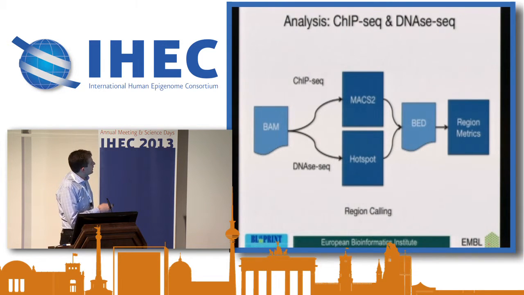So again, once we have this BAM file, we start to break it apart depending on the different types of analysis that we're doing. And we have the ChIP-seq analysis. ChIP-seq goes through a program called MACS. MACS is a common peak calling program that we have a lot of experience with, lots of other people have a lot of experience with.